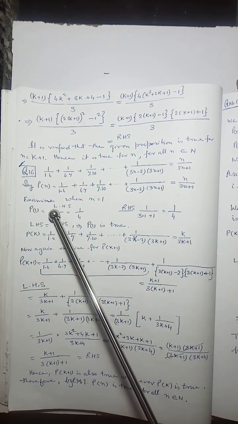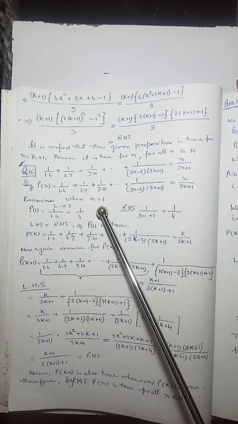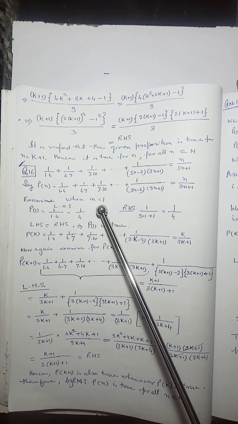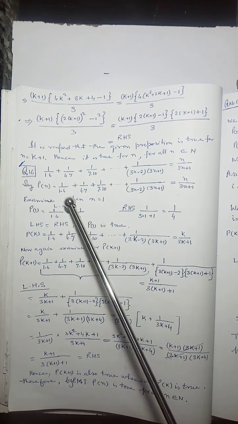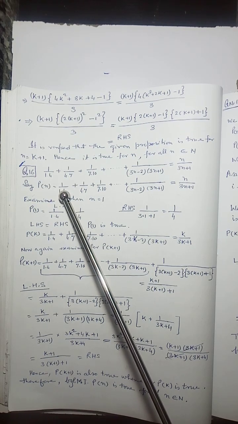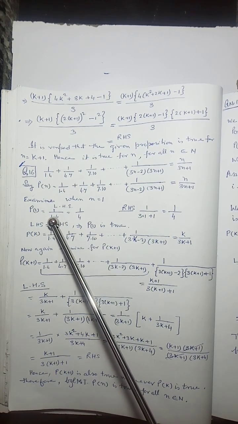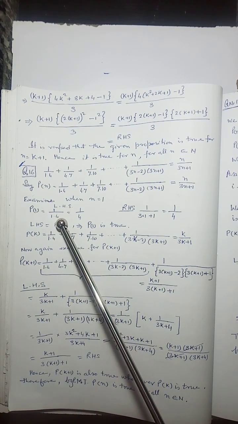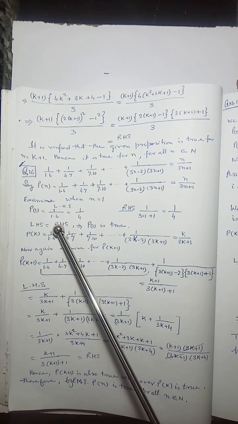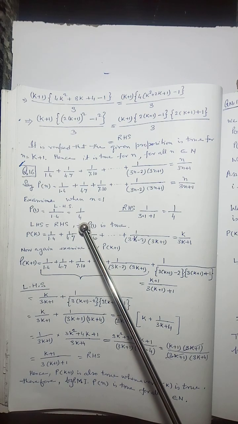Now here we examine when n is equal to 1. Substitute the value of n in the first term. You will get P1 is equal to 1 upon 1 into 4, that is 1 upon 4.